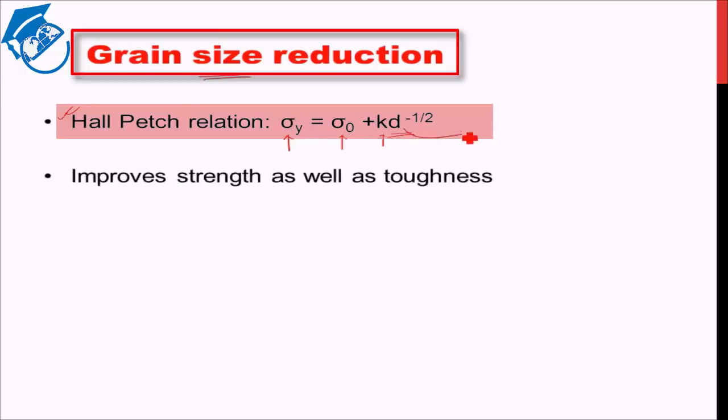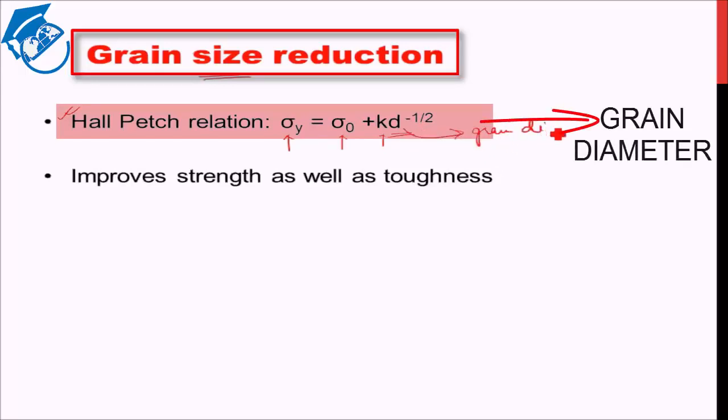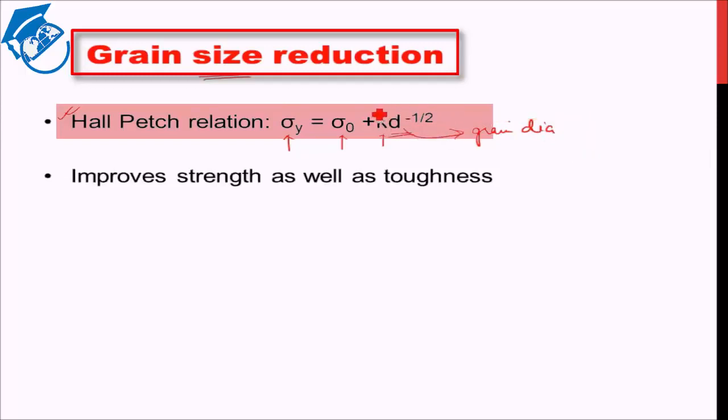This is the average grain diameter. So the smaller the grain diameter, the larger will be this term, and thereby the decrease in grain size leads to an increase in the yield strength of the material.